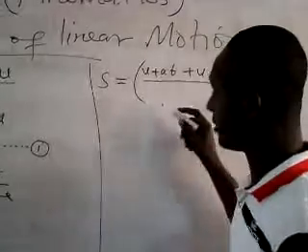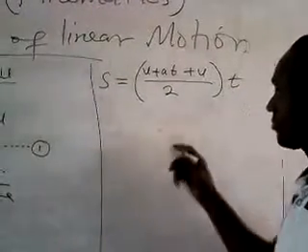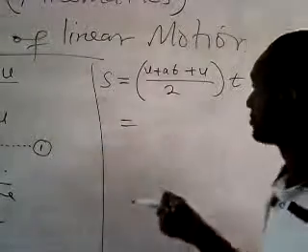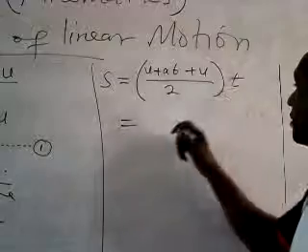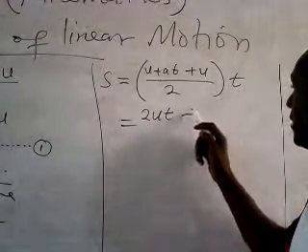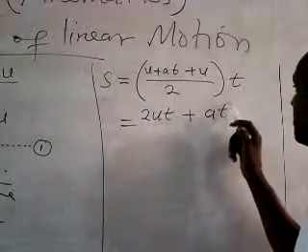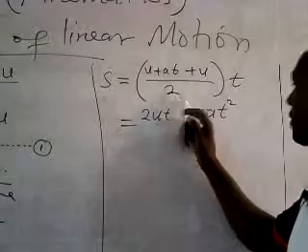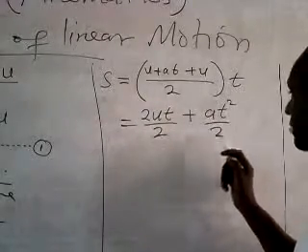V, which is U plus AT plus U all over 2 multiplying T. And this will also be equal to U plus U will be 2U, and this T will multiply 2U, so we have 2UT plus AT will multiply T, then we have AT squared. All are divided by 2, so here divided by 2, here also divided by 2.